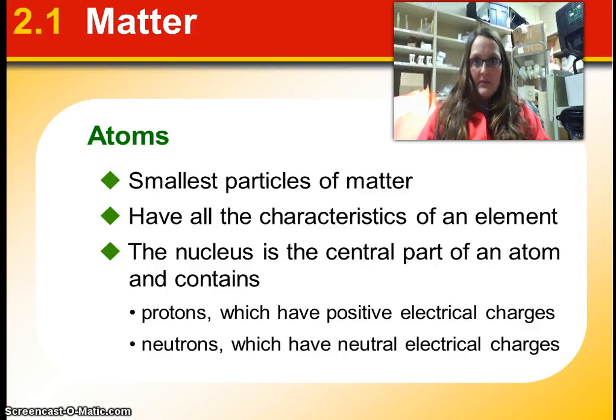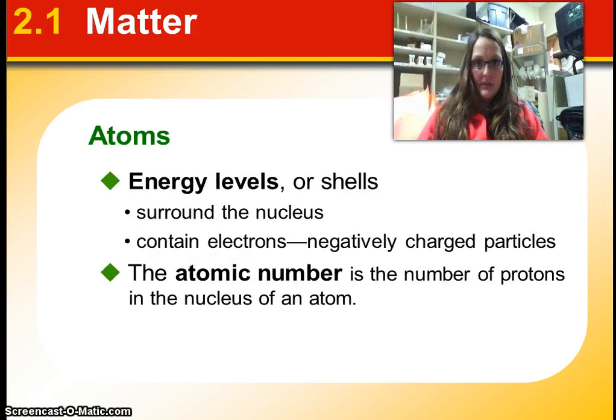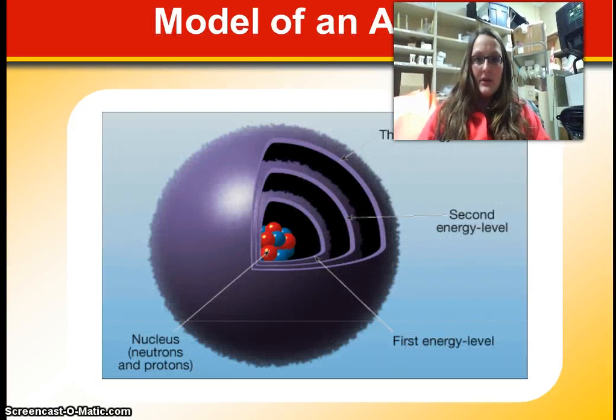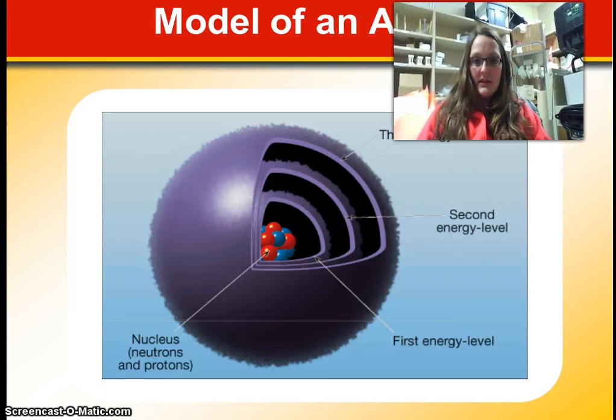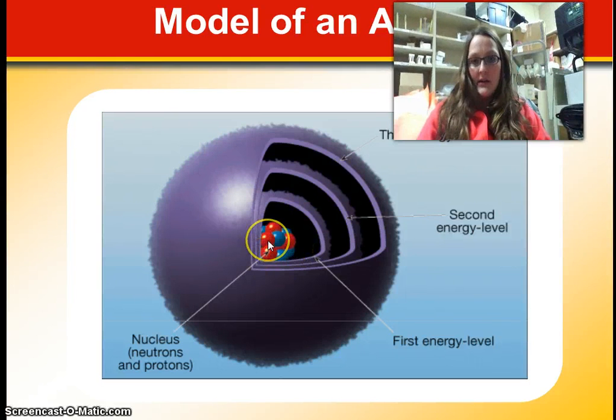We've talked about atoms a little bit already, specifically the energy levels, protons, neutrons, and isotopes. So in case you missed the notes, in the nucleus of the atom, you will find protons, which have a positive charge, and neutrons, which have a neutral charge.